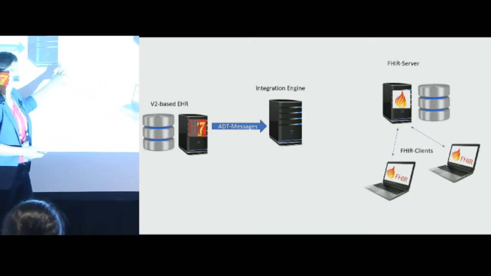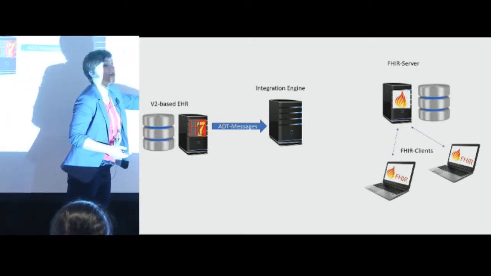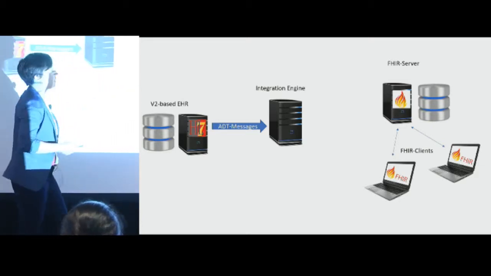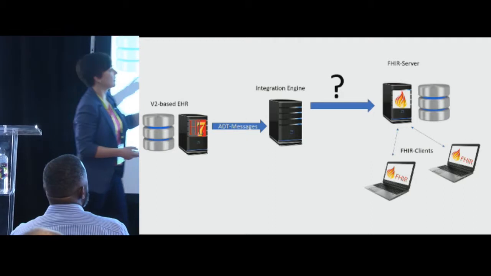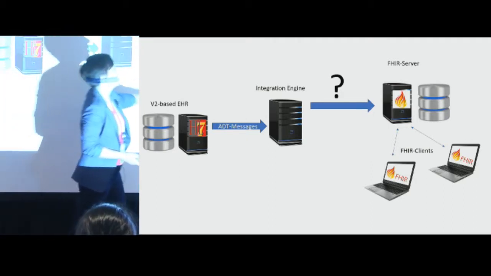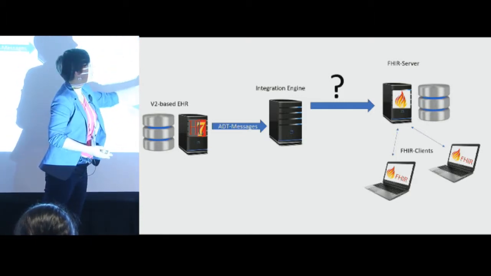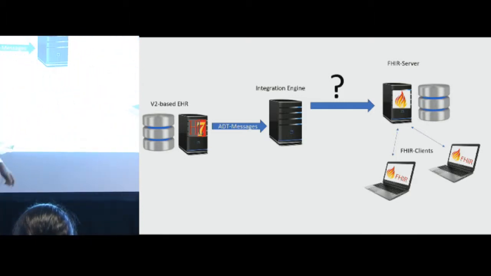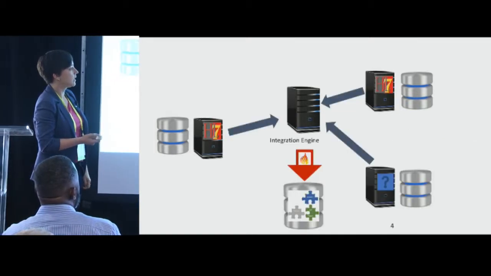But you have to find some way to populate these servers with the patient demographics so that these apps can use this data. So what we've been looking to find was this missing link between the integration engine that receives the V2 messages and the FHIR server that can provide this information to the FHIR-based apps or devices or whatever we have over there.